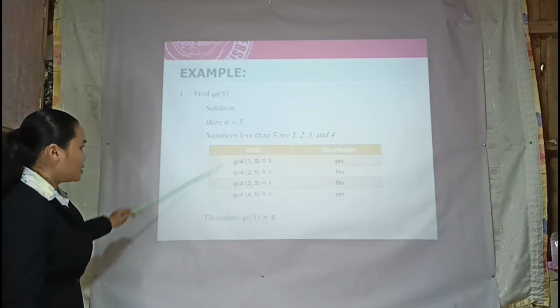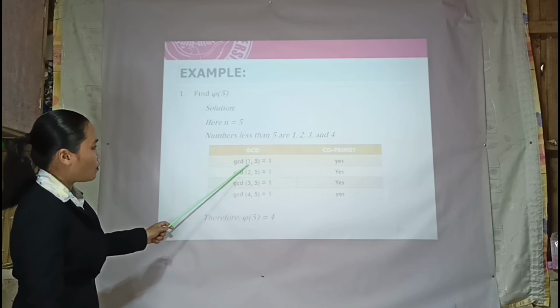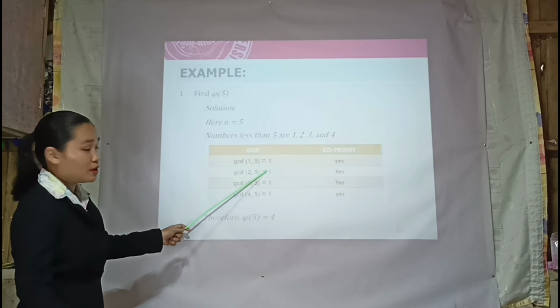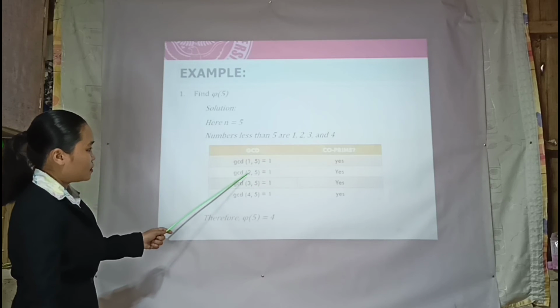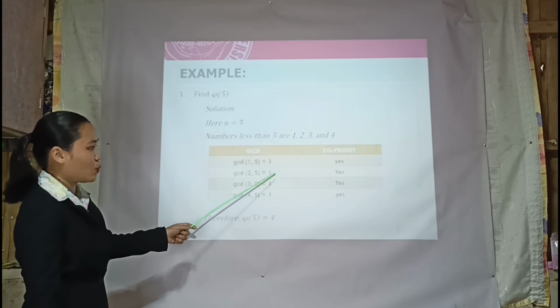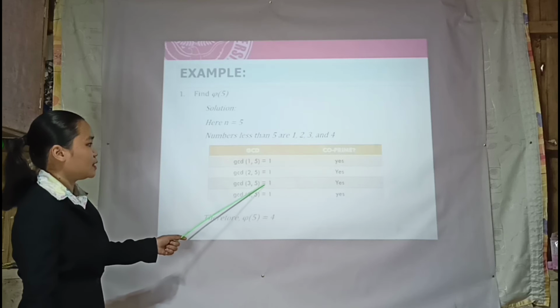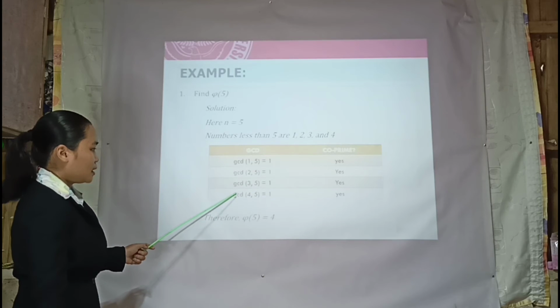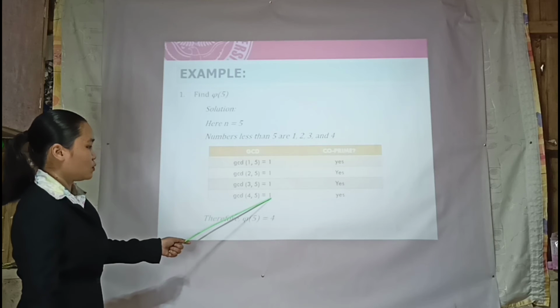So we will tally here. The GCD of 1 and 5 is equal to 1. The GCD of 2 and 5 is also equal to 1. The GCD of 3 and 5 is equal to 1. And the GCD of 4 and 5 is also equal to 1.